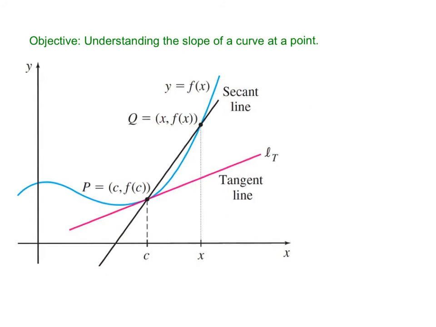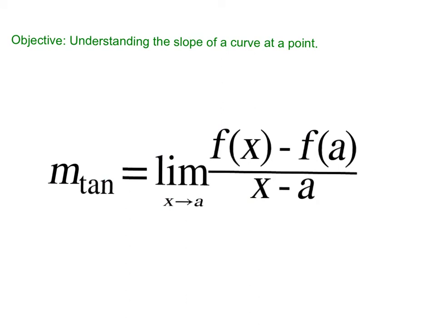All right, so here's just another picture. As we find that average rate of change, it becomes the actual rate of change. As those points get closer and closer, I hope the word limit kind of popped into your brain. So the slope of the tangent line equals the limit of the slope of the secant line.